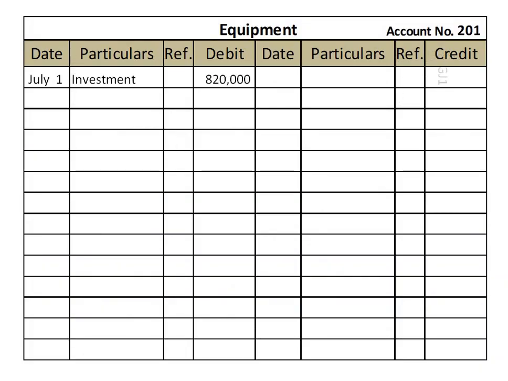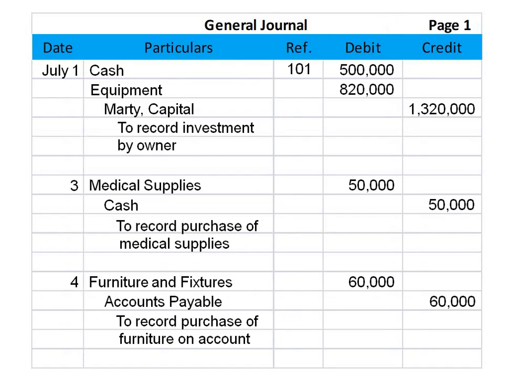What's next now? Write this account number of equipment in the reference or folio or PR column of the journal along this row of this equipment account which we just posted.